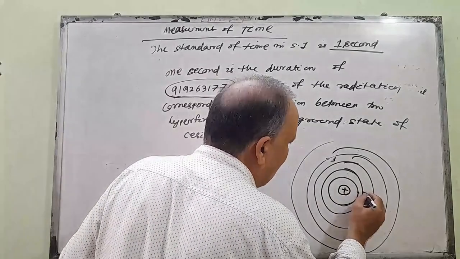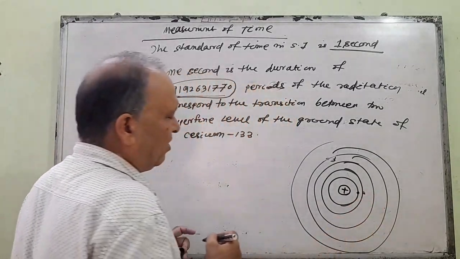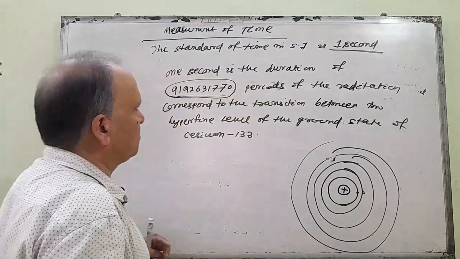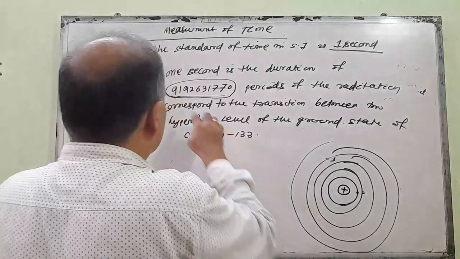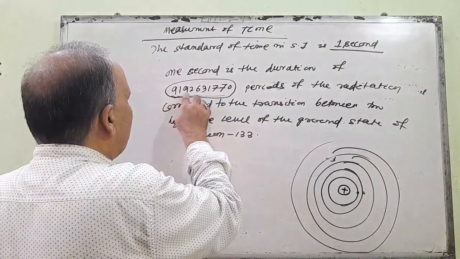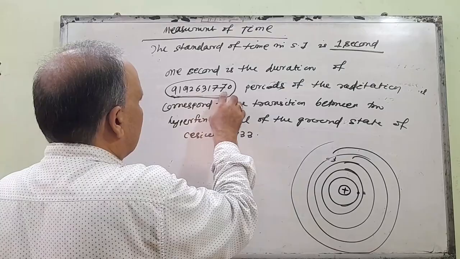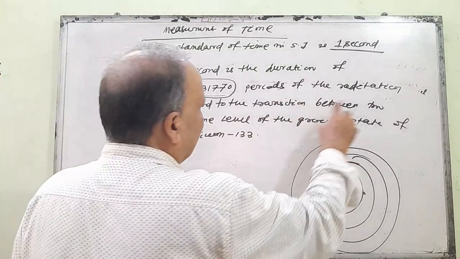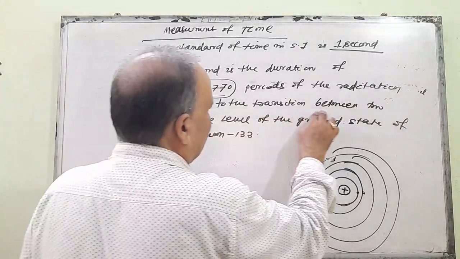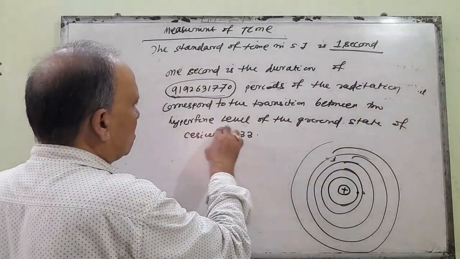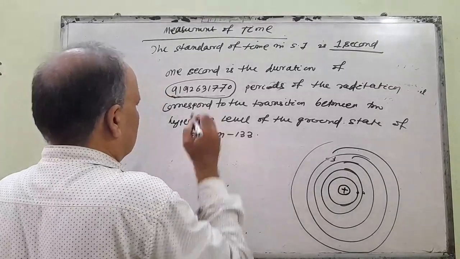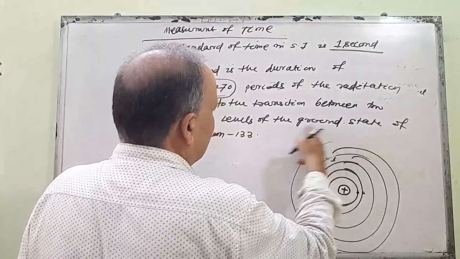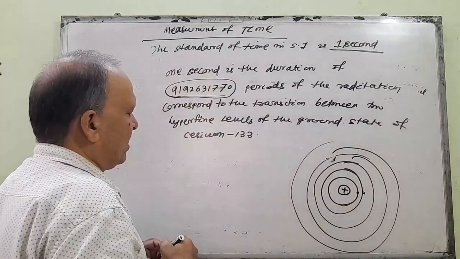How small is the time taken by the electron to transit from one hyperfine level to the other hyperfine level. So 1 second is the duration of 9192631770 periods of the radiation corresponding to the transition between two hyperfine, meaning very close, levels of the ground state or normal state of cesium-133.